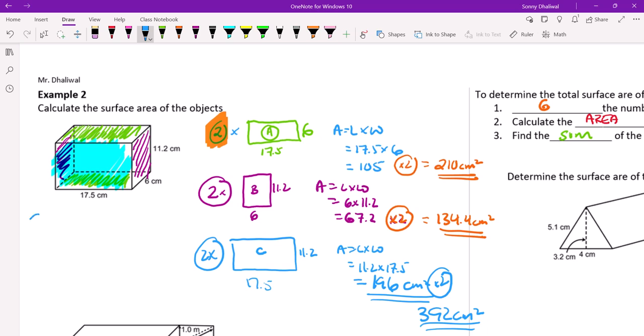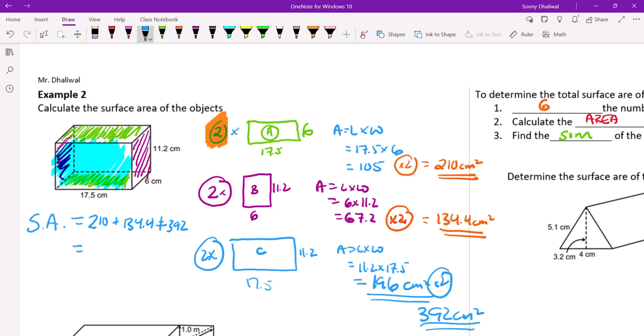So then we need to add up all the sides. So surface area, that's S.A. S for surface, A for area, is all your sides added together. So you have your 210 plus your 134.4 plus your 392. You add all those numbers together.